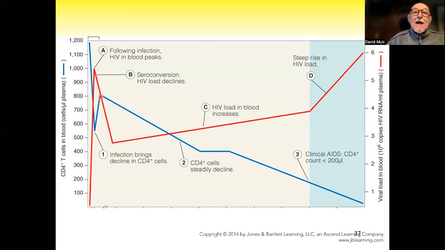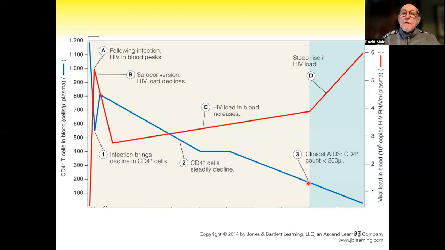If we were to look at the number of T cells, we begin to see now a slow decline in the number of CD4 positive cells as the virus slowly increases. And this may be over a period of many years that this process takes place. In other people, it takes place within a period of months, but in some people, it's a matter of years before they begin to suffer real symptoms from the decline of their CD4 cells.